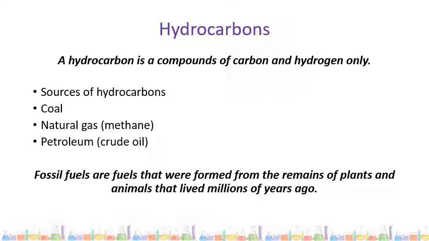The first branch of organic chemistry that we're going to look at is hydrocarbons. As the name might suggest, a hydrocarbon is a compound containing carbon and hydrogen only. The source of hydrocarbons is fossil fuels. These are coal, natural gas, which is methane, and petrol.